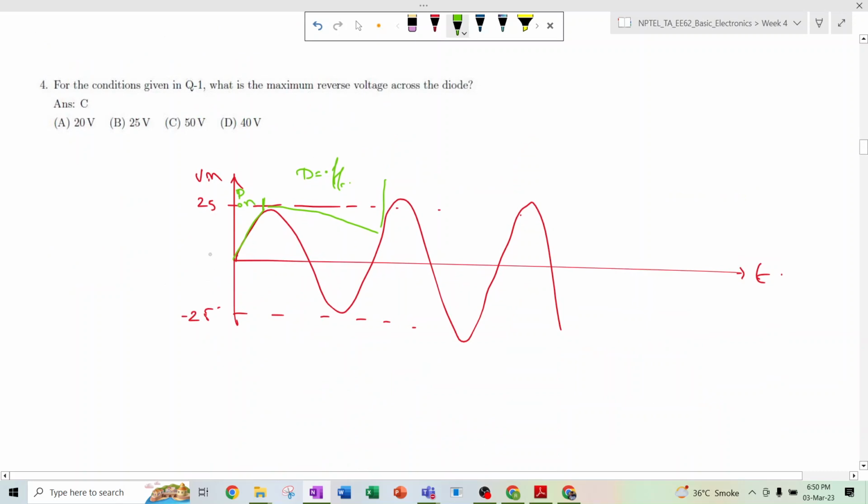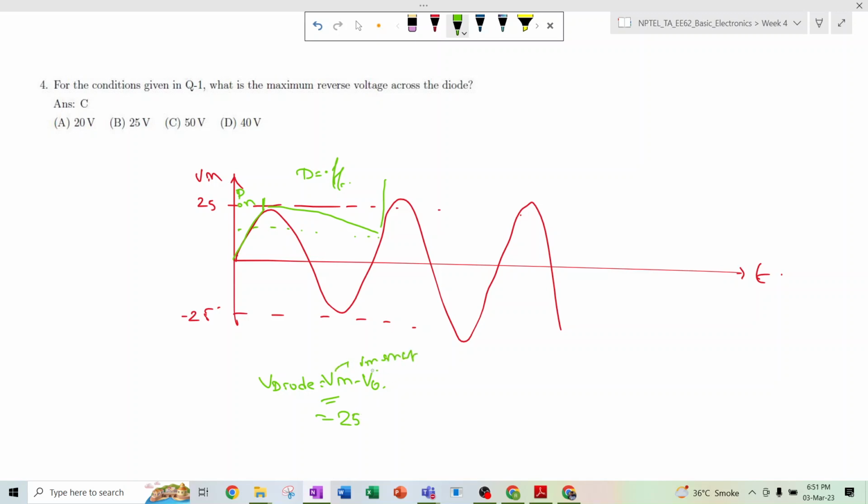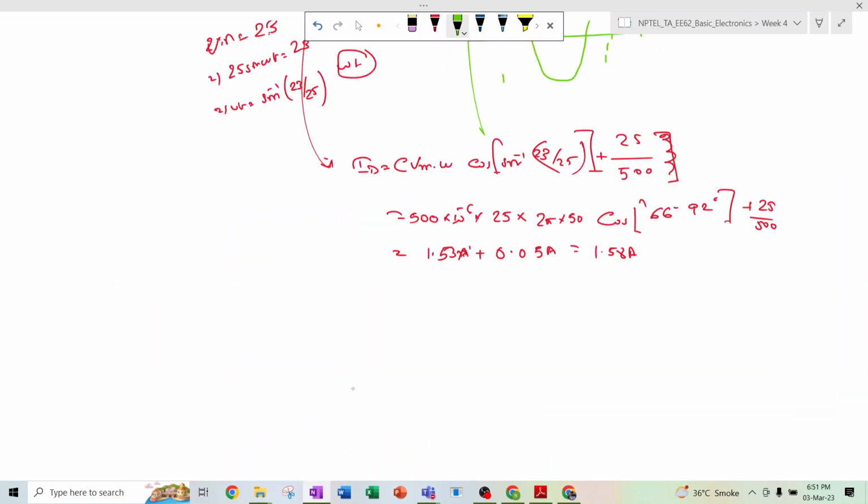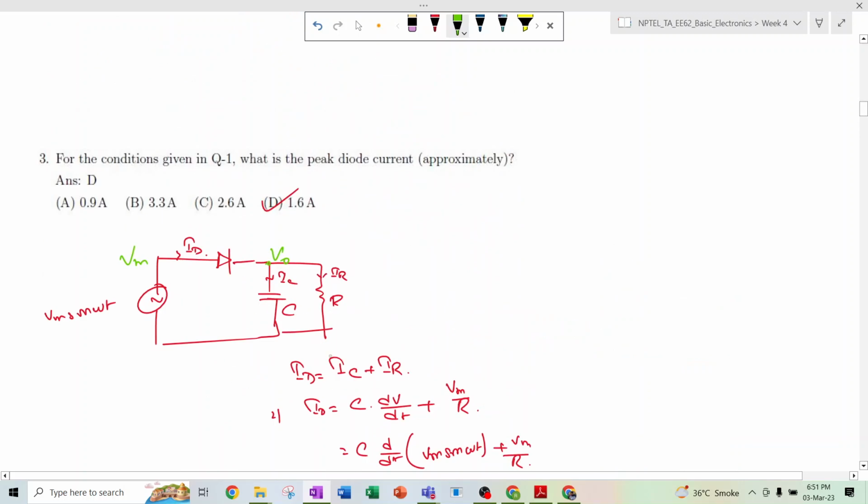So V across diode is nothing but V in minus VO. So the input voltage maximum value is 25 because it is Vm sine of omega t. So Vm value is 25 and this is the output voltage. So this output voltage is nothing but the voltage across the capacitor.